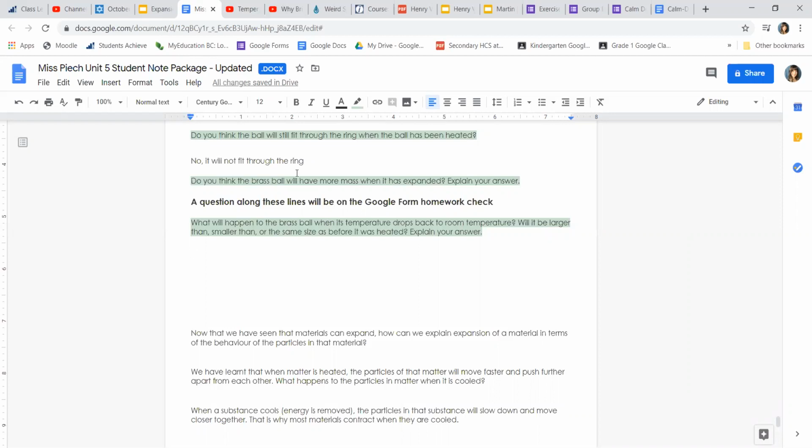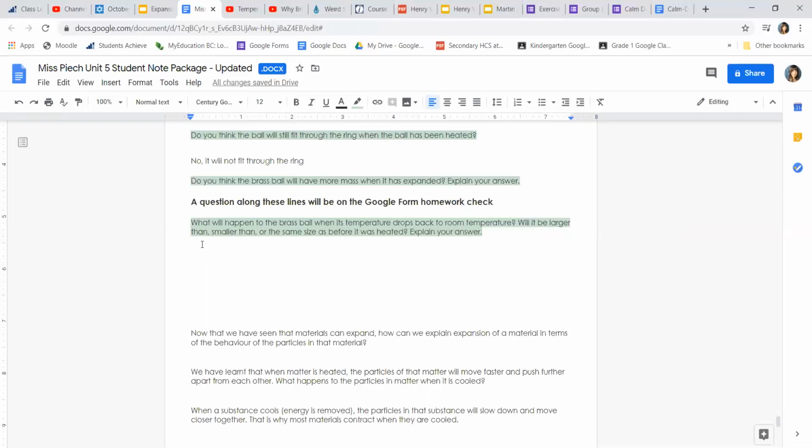If they are getting heated, then they are taking up more space. So the volume can change as well as the density. Those two items can change when a material is heated or cooled, but it still has the same mass. You would literally have to get rid of some of that material in order to change the mass. So just keep that in mind.